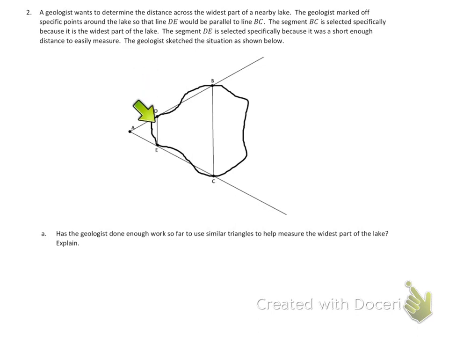So we've got these points on the lake so that he could have these parallel lines going on. The segment BC is selected specifically because it's the widest part of the lake. The segment DE is selected specifically because it was a short enough distance to easily measure. The geologist sketched the situation as shown below.